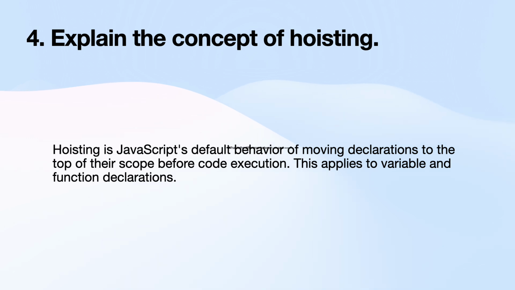It's important to note that hoisting behaves differently for let and const declarations introduced in ES6. While they are hoisted, they are not initialized and remain in the temporal dead zone until the point in the code where they are declared. Understanding hoisting is crucial for writing predictable JavaScript code and avoiding common pitfalls related to variable and function accessibility.